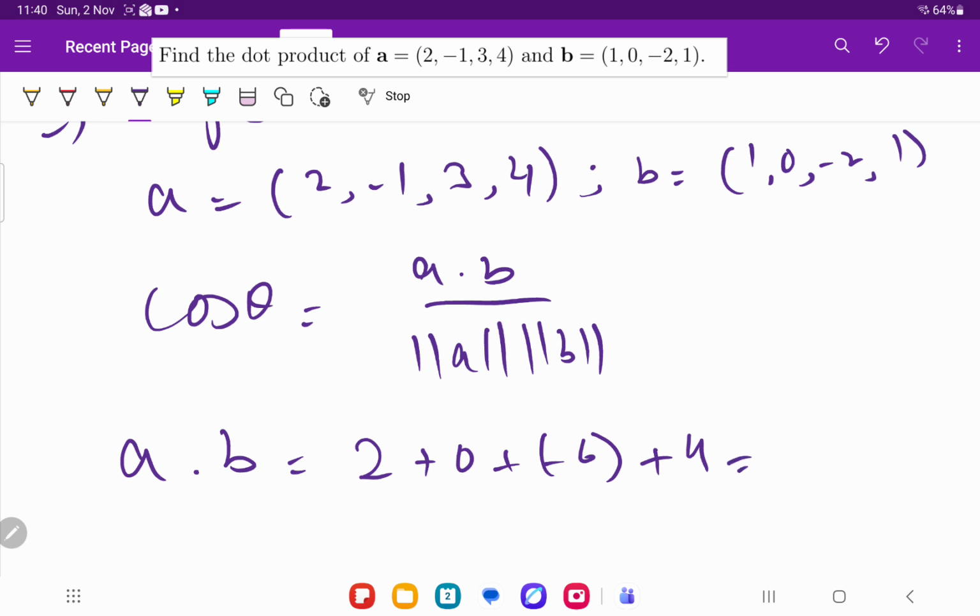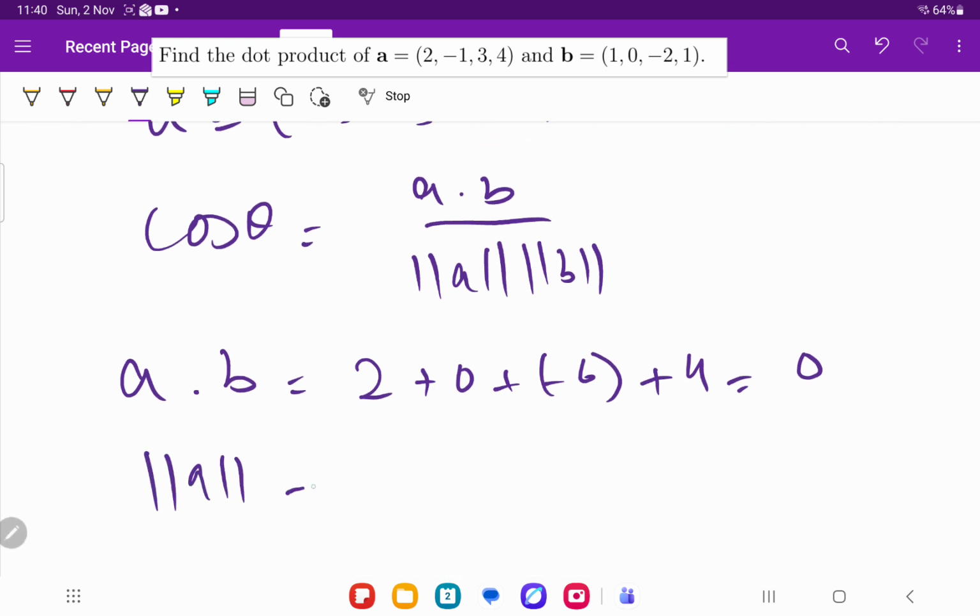So the answer is 0. The dot product is 0.